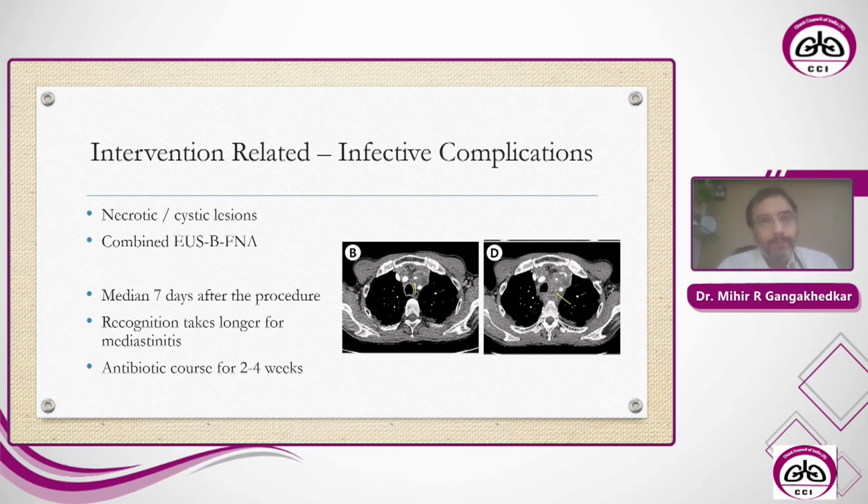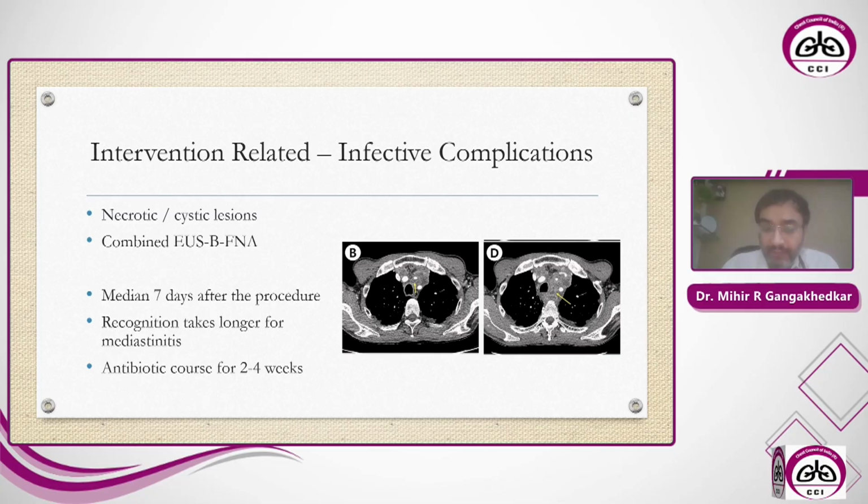Remember, these complications are likely to occur later after the procedure, not something you may identify immediately. It took about a week after the procedure for them to present. And as pulmonologists, we are adept at identifying nosocomial pneumonias or patients having a new onset pneumonia.